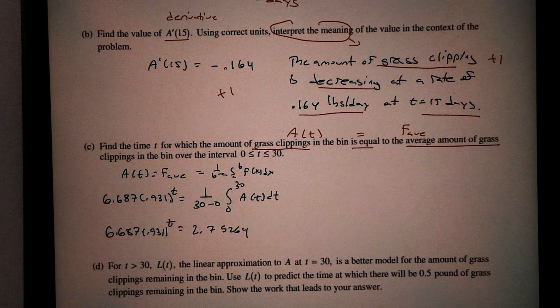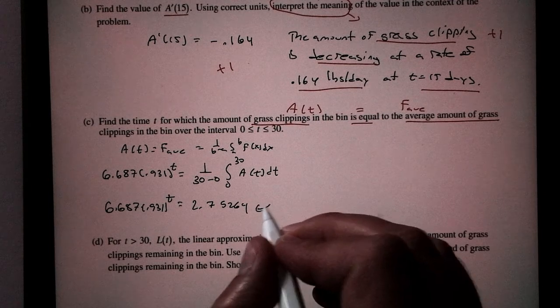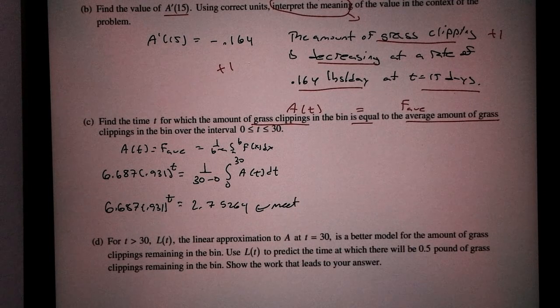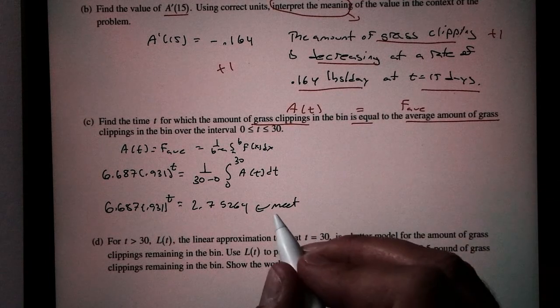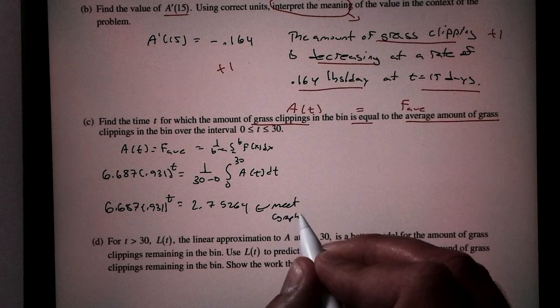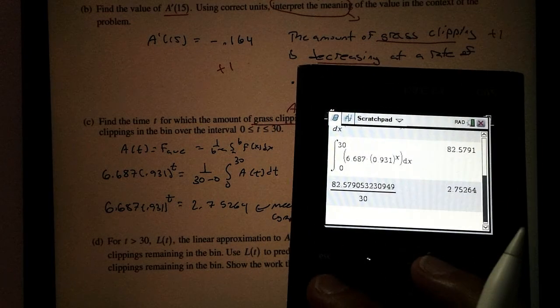All right, so let's see here. I'm not done yet. Now I got to find out where these meet. And how do I find where they meet? Well, I am just going to type that in my calculator. I'm going to use my graphing capabilities of my calculator here. Now, some people like to use the solver. I'm not a big fan of the solver. I like to graph it. Okay?